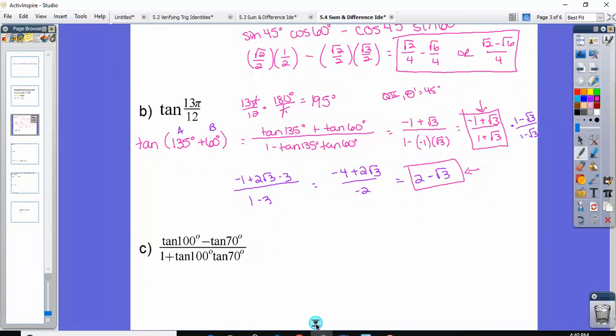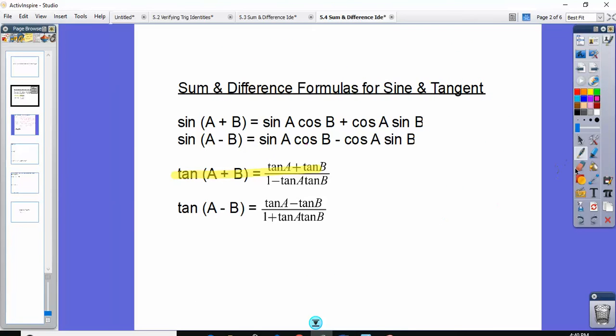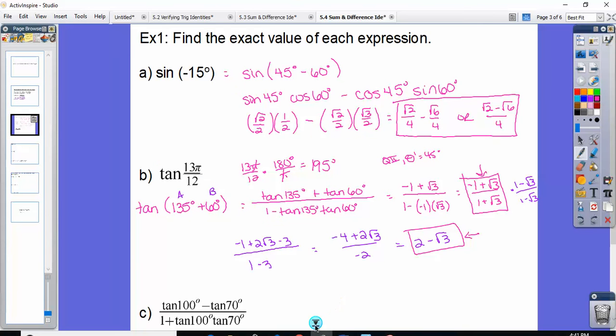Okay, C. Okay, this time I gave you what looks like the right-hand side of the formula. I have tangent minus tangent over 1 plus tangent times tangent. I gave you this. So that means I have given you the tangent A minus B formula.